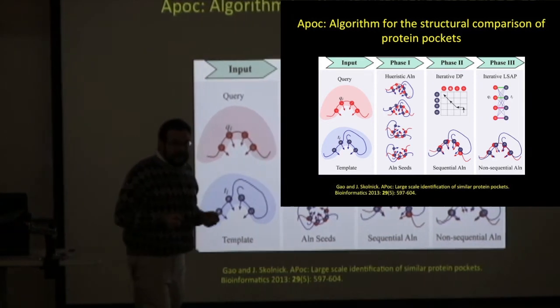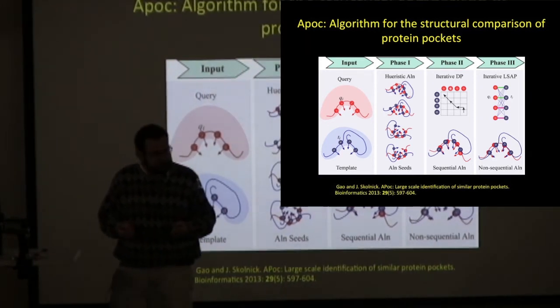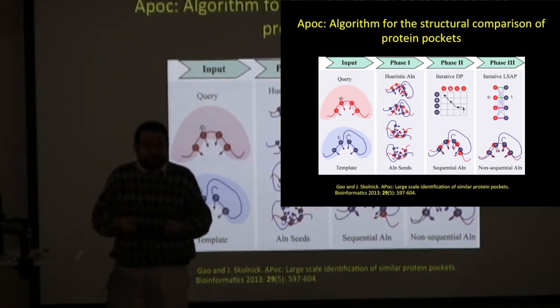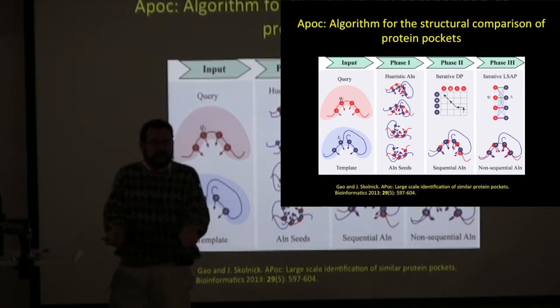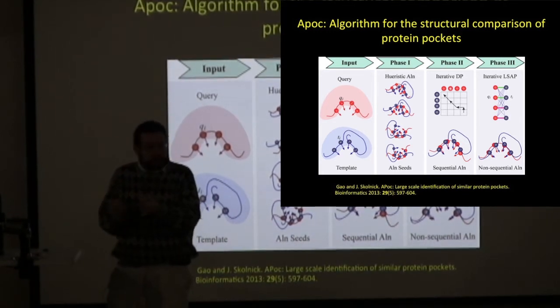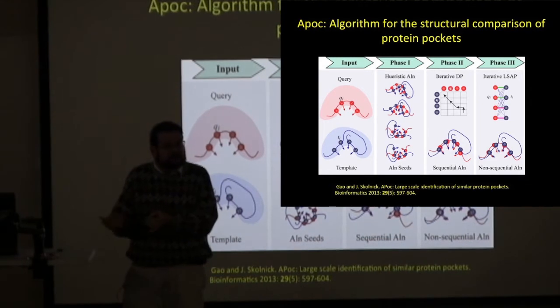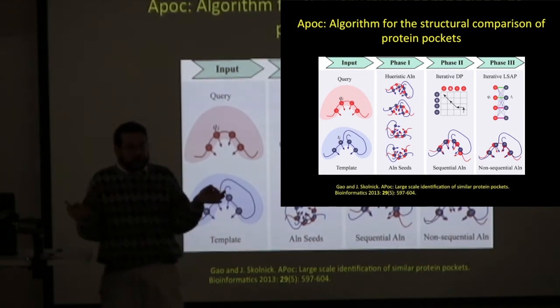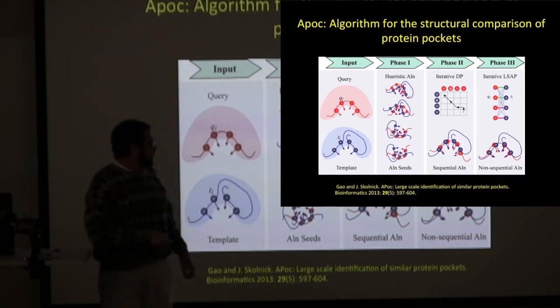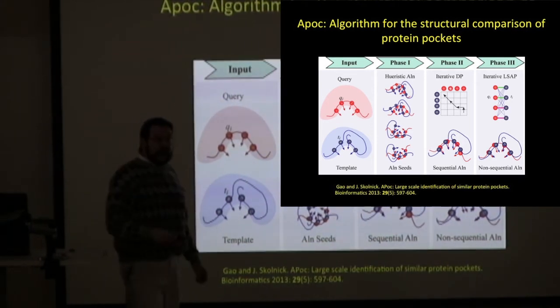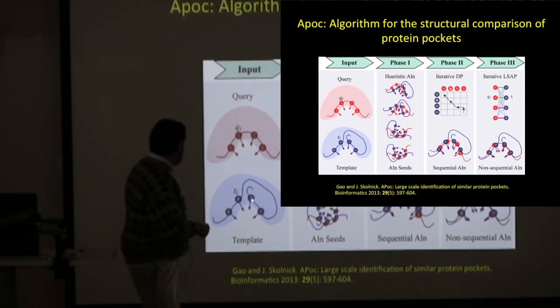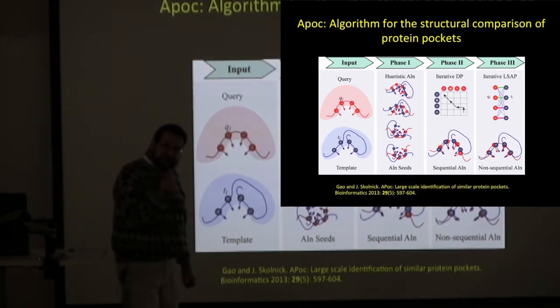Now, of course, if you have an interaction surface, you really don't care the order in which the residues are labeled, right? You just care that the shape is the same. So you have to do a sequence order independent alignment. It's like aligning a pair of sequences when you don't care about the order. You just want to see what's the maximum number of identical residues. Except here I want to compare the two geometries. I don't really care if this one comes before this one or after this one. If it's got the same shape, I want to detect it.